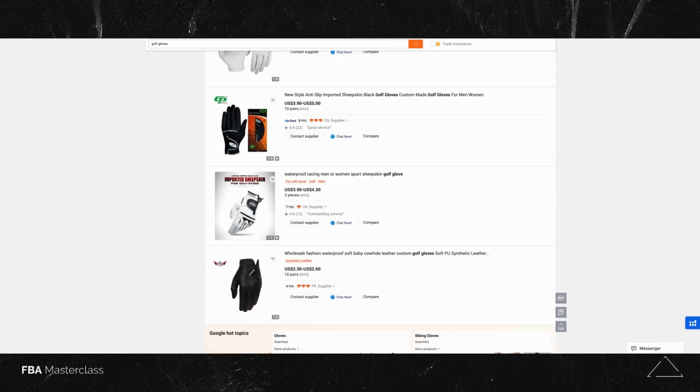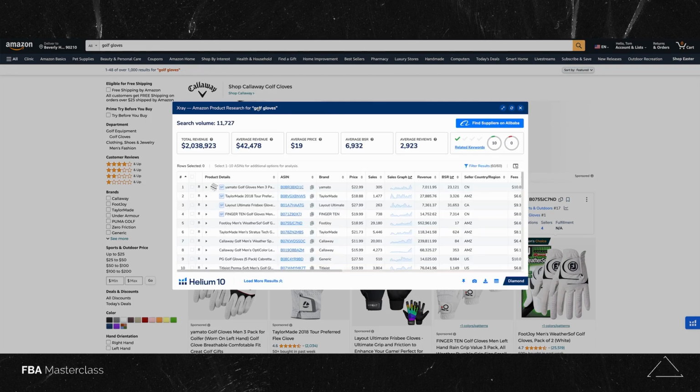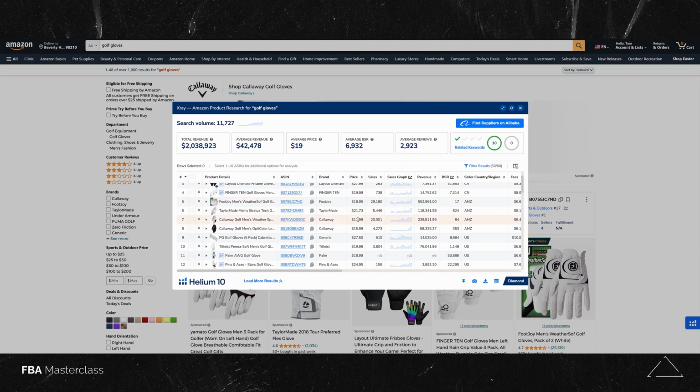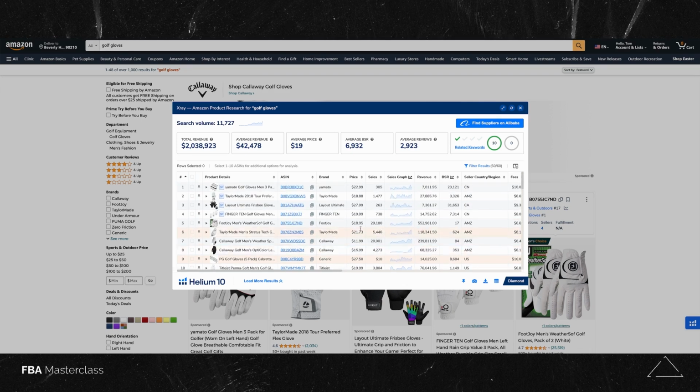Because ultimately, if we go back to Amazon and the X-ray tool, we see that the average price is $19. People are selling theirs for 19, 21, 11, 15, 27. The maximum is about $27, but the average is about $19.